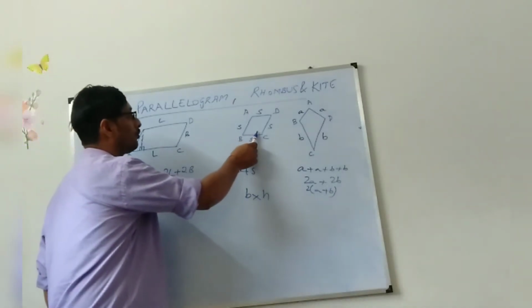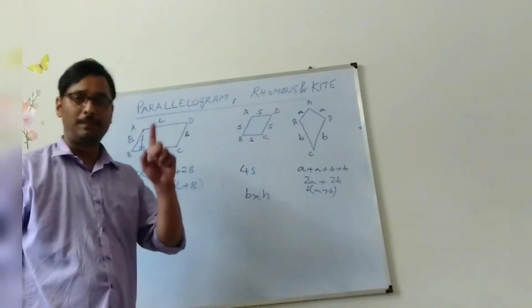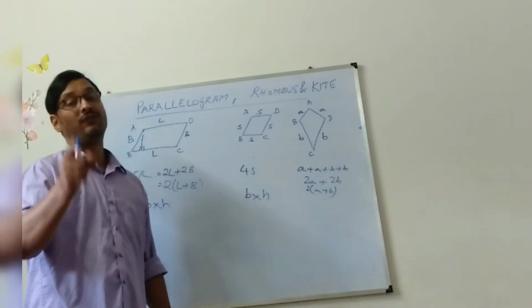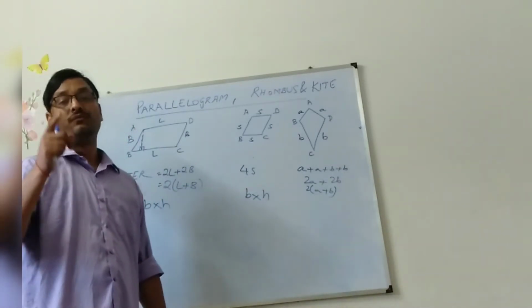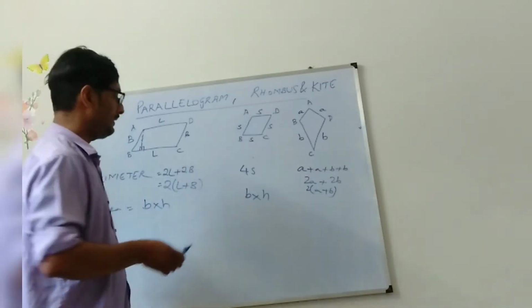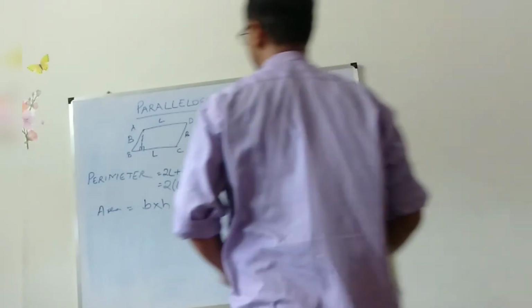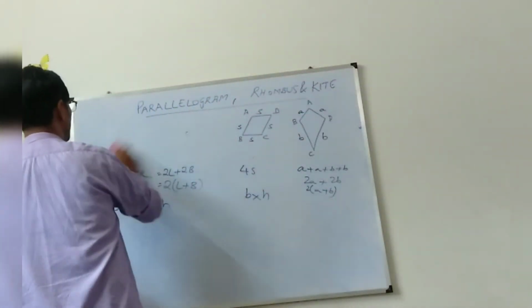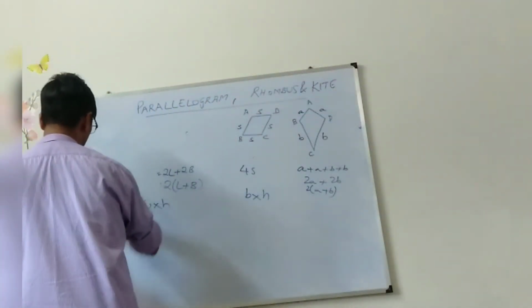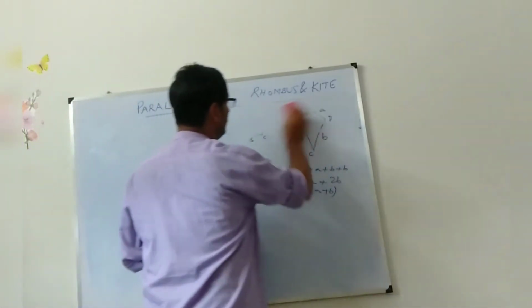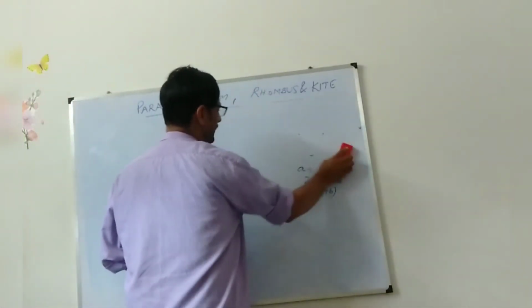But with respect to rhombus, kite, and square, you can find out another formula of area. That I am going to make you understand. And on what basis I am saying all these, that's also I am making you understand.